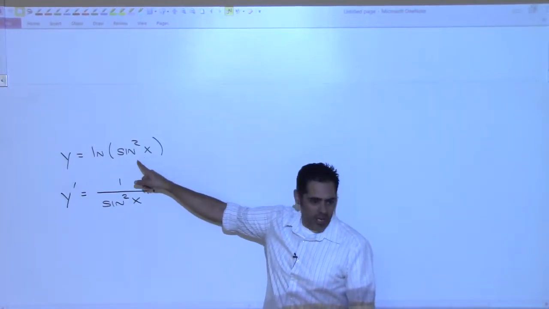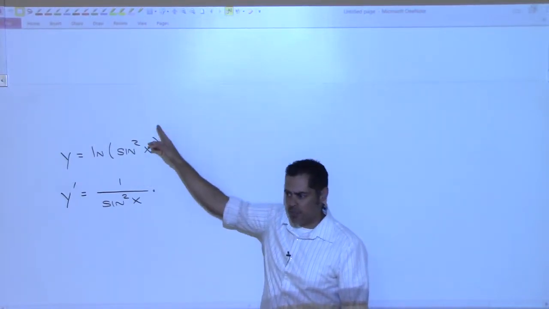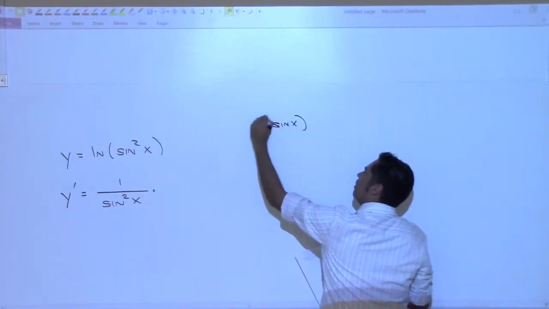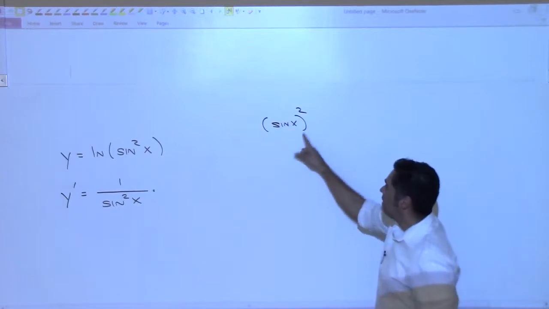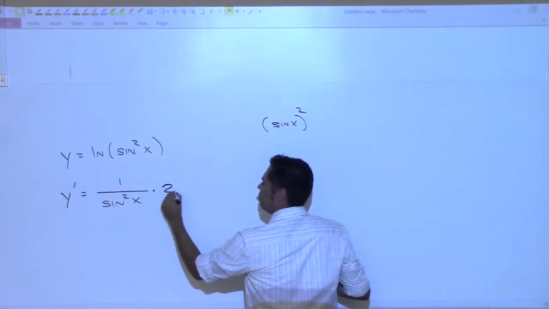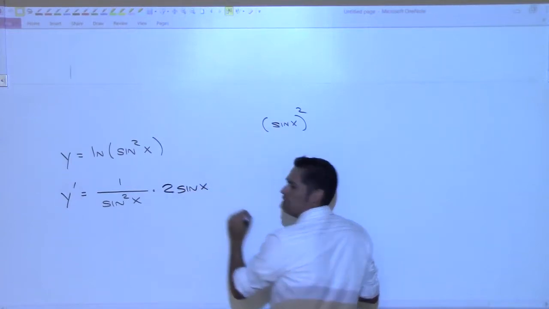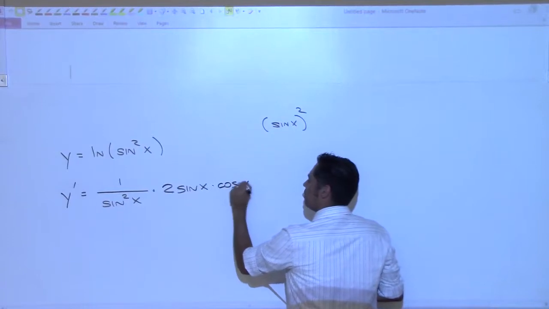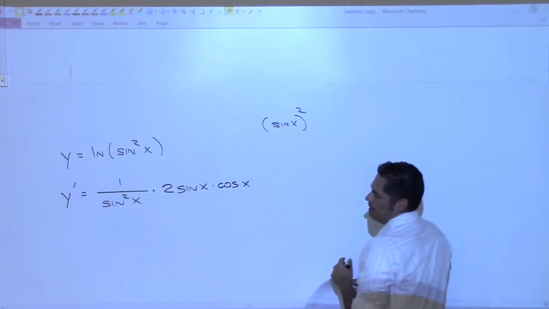And that's going to be chain rule, because you've got sine x but then squared. So that's really like sine x squared. To take the derivative of this, the 2 has to come out first. So 2, then sine to the first power, and then times cosine of x. That's the raw derivative.